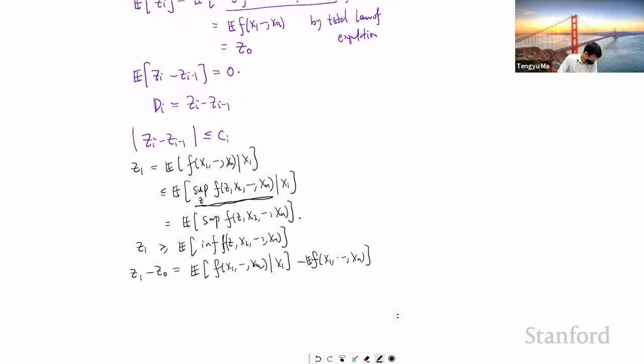You can bound this by the expectation of the sup, using what we have done above, minus the expectation of f(x1 up to xn), and then you can put this inside.